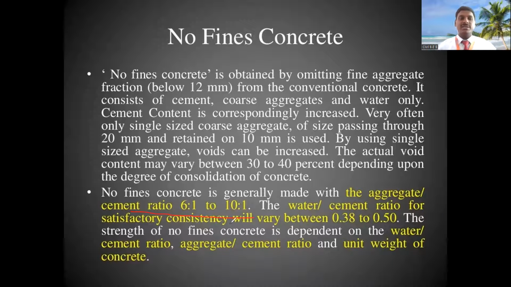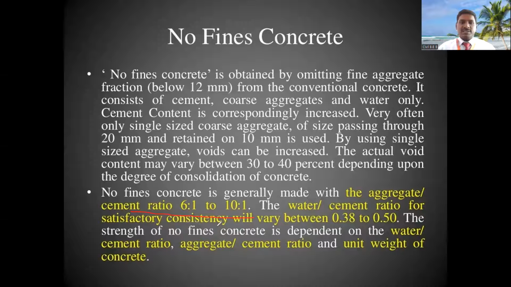This is the aggregate cement ratio: aggregate is 6 and cement is 1, up to 10:1. This is the aggregate cement ratio we consider for manufacturing this no fine aggregate concrete.